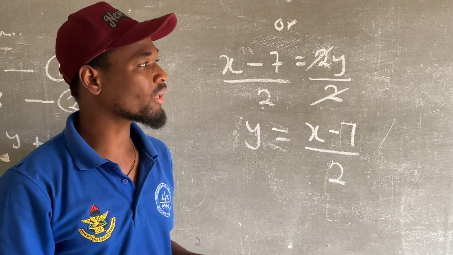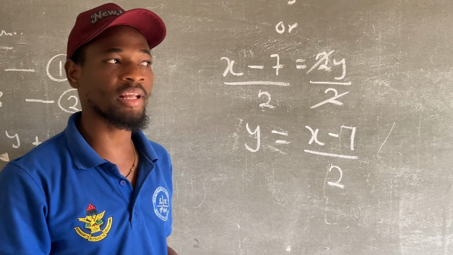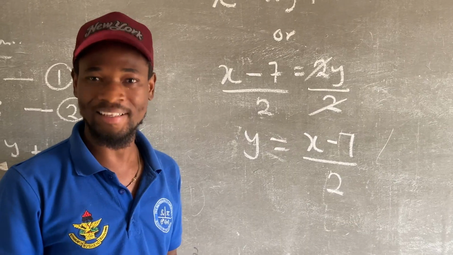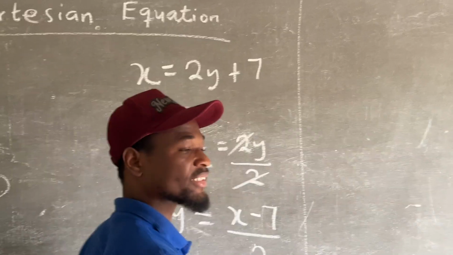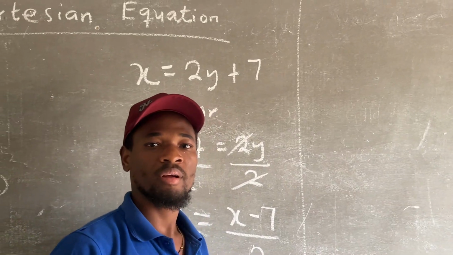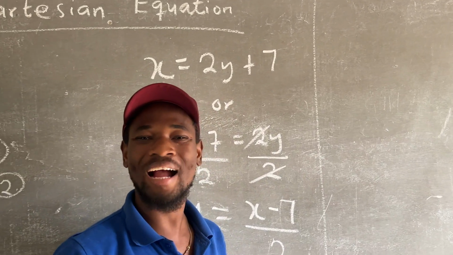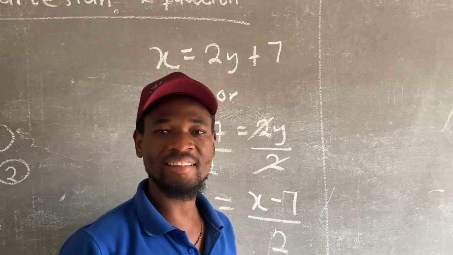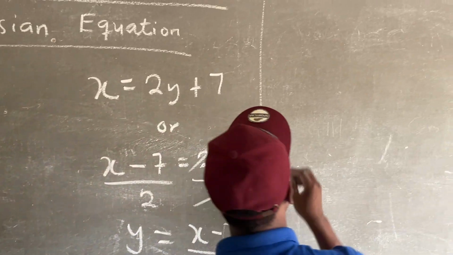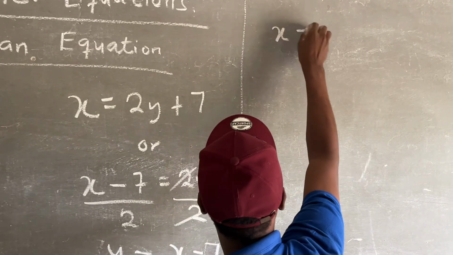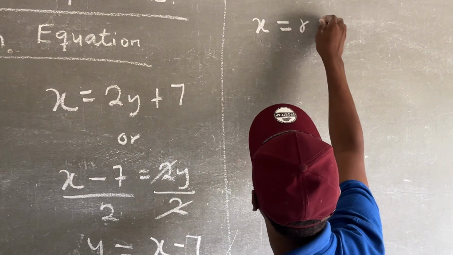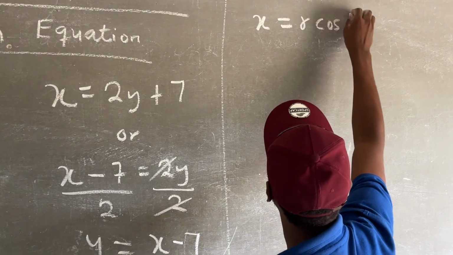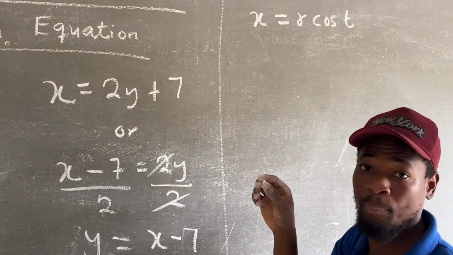Alright, so let's use the same concept to establish the equation of a circle. Now, the equation of a circle can be parametrically represented as this. You have x equal to r cos t, because it is a parametric equation.